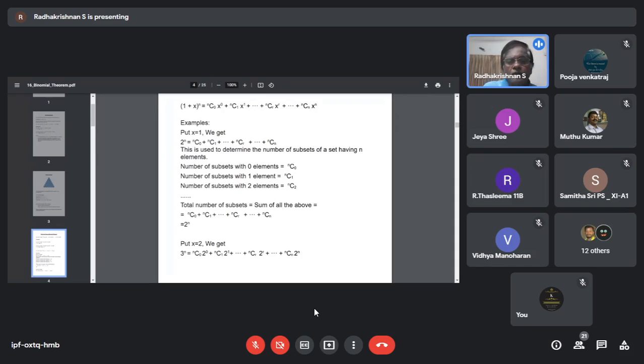When we dealt with set theory, we have seen that the total number of subsets of a set having n elements is the number of ways in which you can pick 0 elements, 1 element, 2 elements, etc. up to n elements. So the sum is exactly the number of subsets, which is equal to 2 to the power of n. So this we get from this binomial formula.